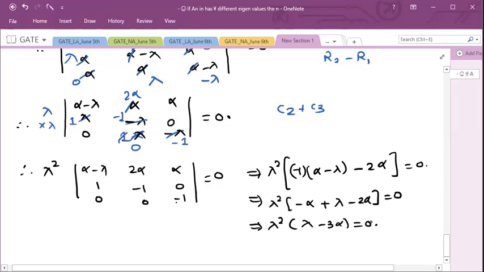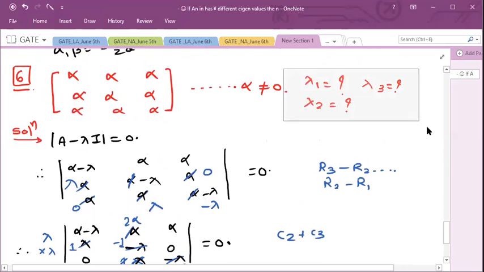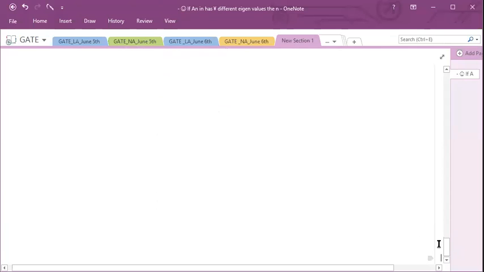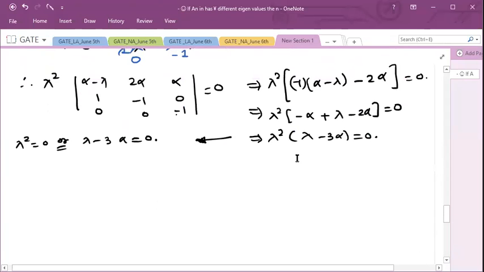What is our aim? We have to find its eigenvalues, isn't it? So here I can get first lambda square equal to 0 or lambda minus 3 alpha equal to 0. So if lambda square equal to 0, then I will get lambda equal to 0, 0, 2 times, right?